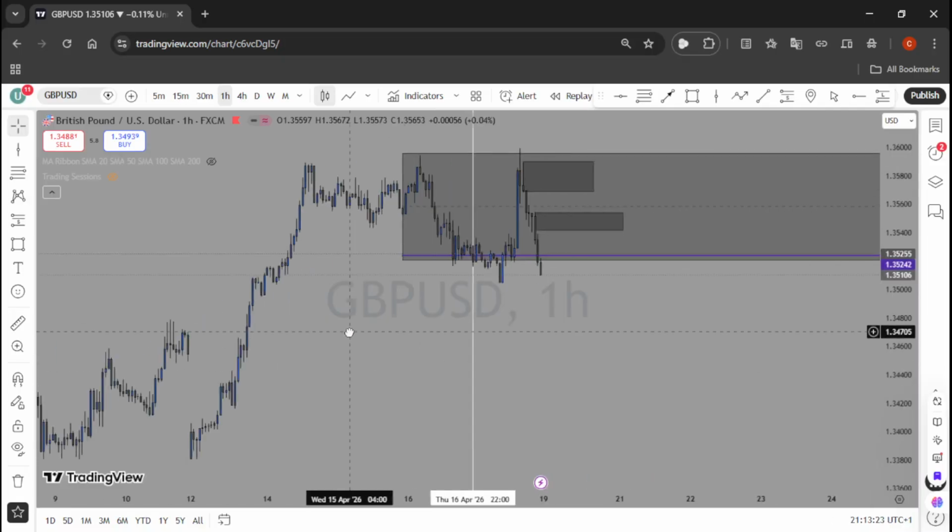So we are anticipating price to come back to this low here and probably go lower, because with the geopolitical affair happening between US, Iran and Israel, we've been seeing spikes lately, and with the current state of the Strait of Hormuz being blocked again.